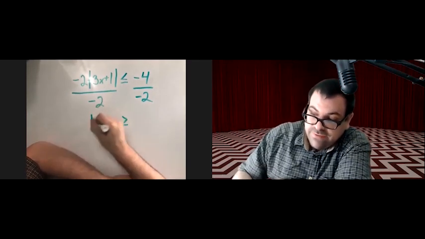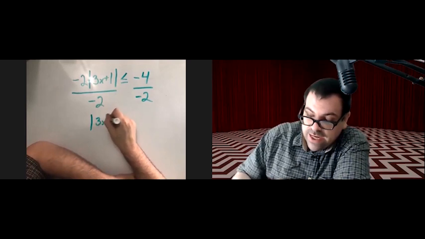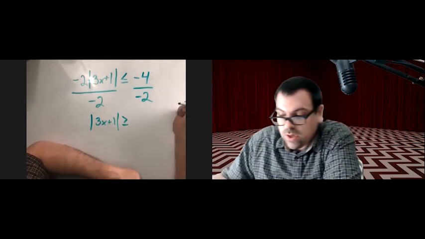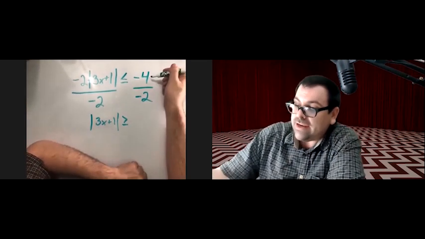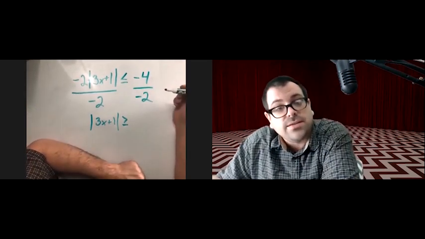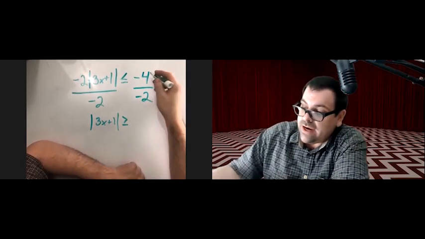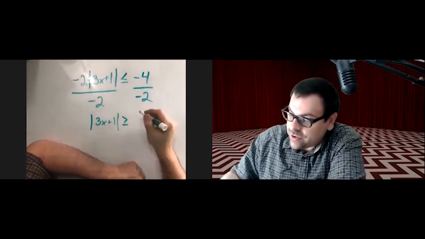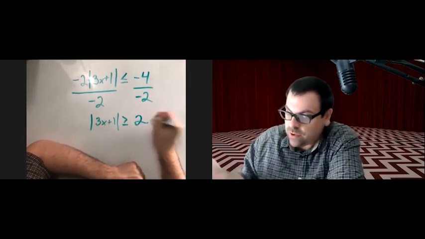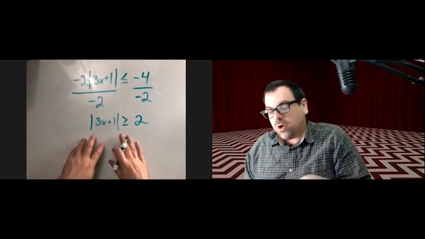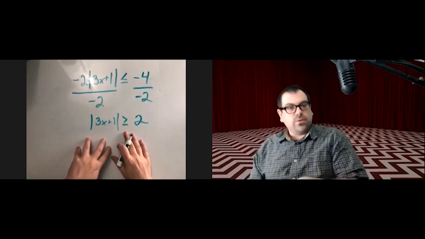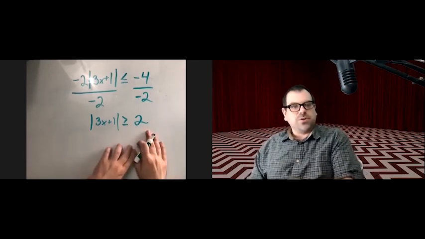We're just going to have the absolute value of 3x plus 1 on one side. On the other side, negative divided by negative is positive. So negative 4 divided by negative 2 is positive 2. So here we have absolute value greater than or equal to positive 2.